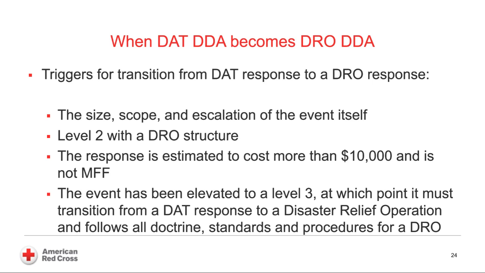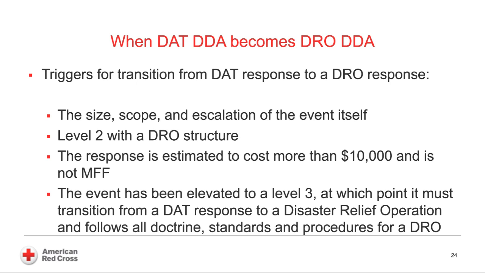And so as we know, some events can change from the initial call to Red Cross and to our duty officers, how that gets dispatched. And things will grow and change in sometimes their scope and even the type of event that we'll be dealing with. And that's going to be a trigger sometimes for the transition from a DAT response to a DRO response, a DRO being a disaster relief operation.